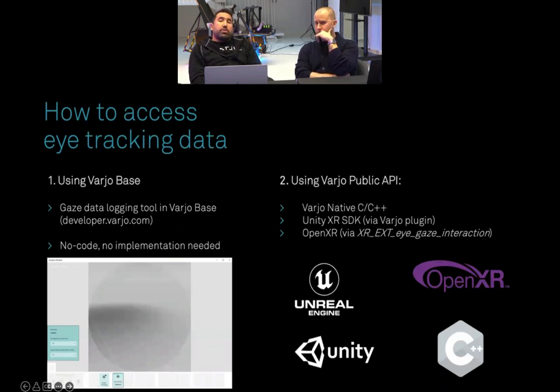Or in case you have an app that you don't have the source code to, then this would also be useful because you cannot really implement eye tracking if you don't have the source code. But since you are able to use Varjo Base, you can run the application through Varjo Base's gaze data logging tool, which then would allow you to utilize eye tracking with the application that you do have.